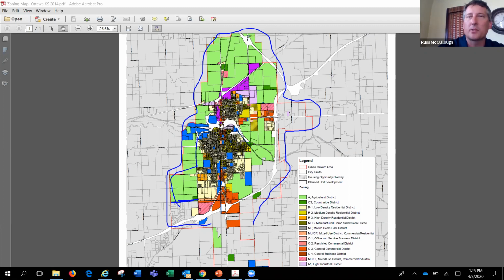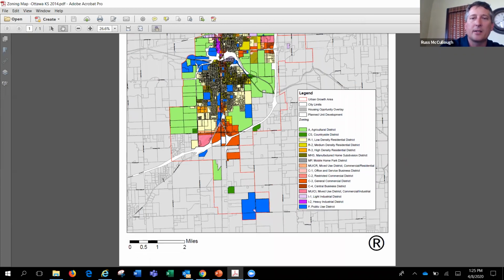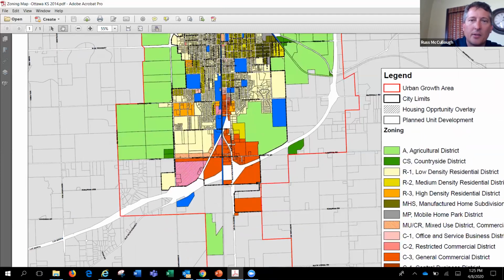In Ottawa's case, we just want growth no matter what, but the city has identified some areas south of town that you might be familiar with. The freeway cuts through somewhere in here. I think that's the white line. Yeah, that's I-35 cutting through here.